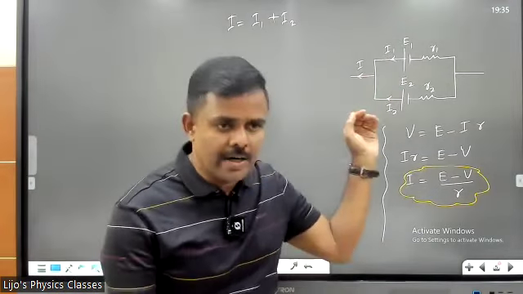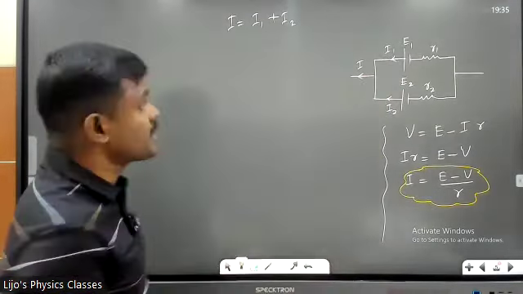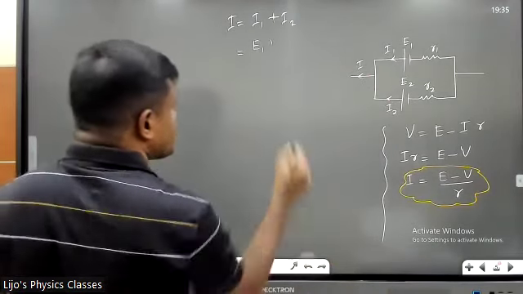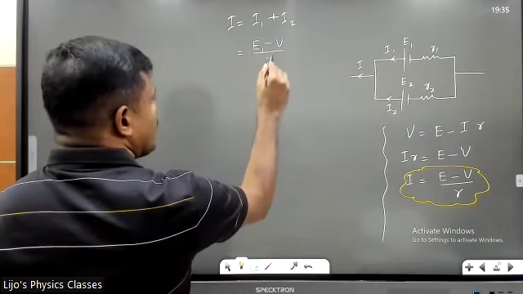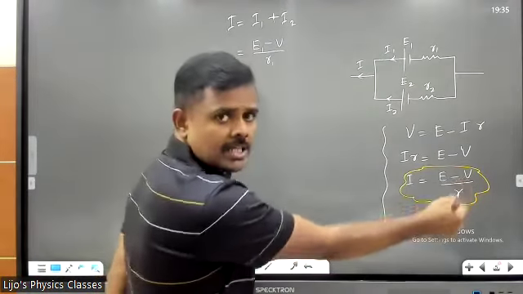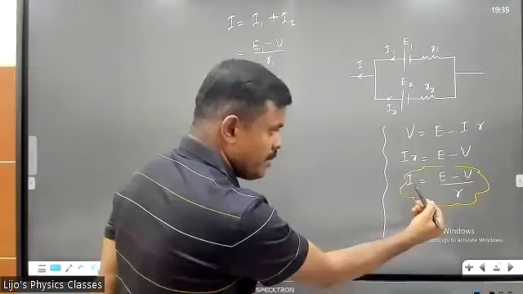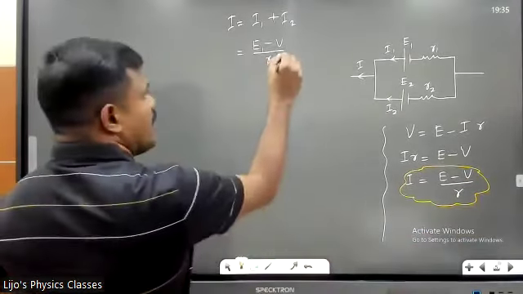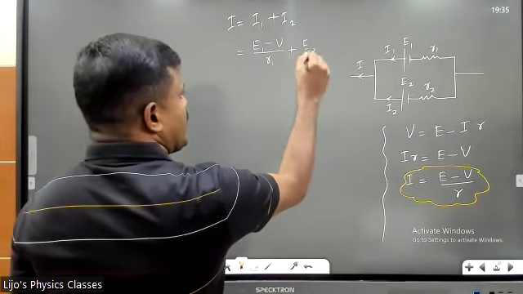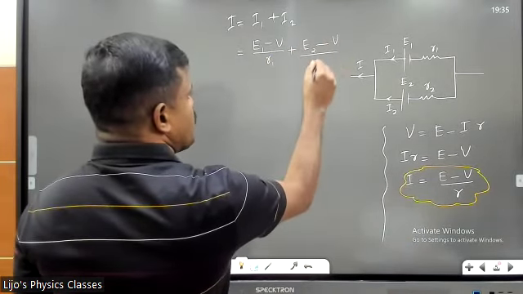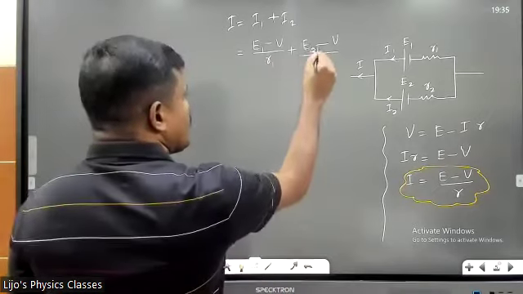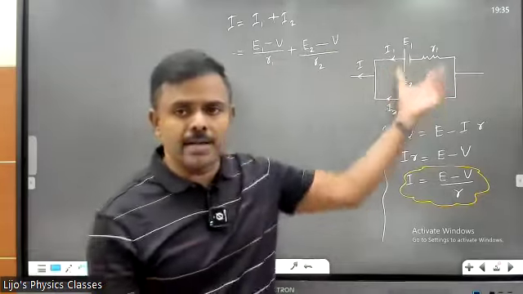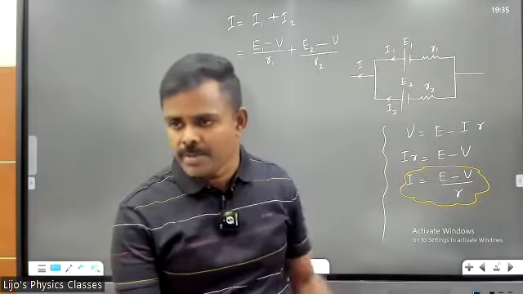I1 from the equation is E1 minus V by R1, plus I2 which is E2 minus V by R2. Some of you might have a confusion: why don't I use V1 and V2? Because it's a parallel combination, the voltage will be the same.